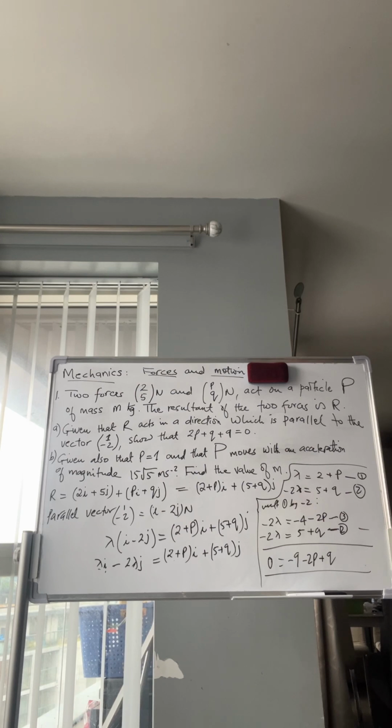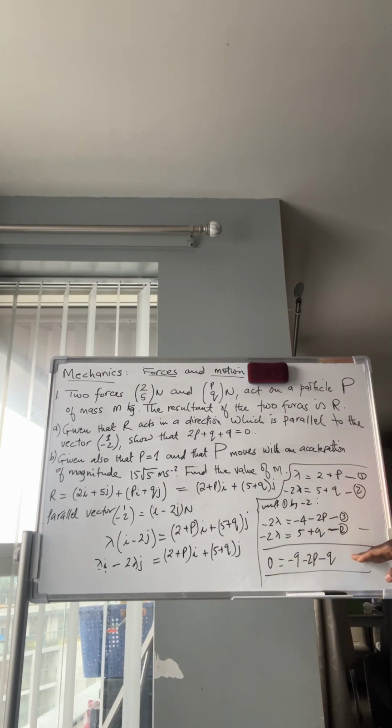Why should I put plus? I'm subtracting, the minus will affect everything. Minus q. And now you have all this equal to 0. So we can see now, if everything equals 0, I want to multiply throughout by minus 1.